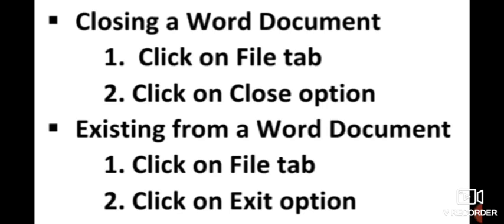And to exit from a Word document, exiting means completely closing the Word window, we have to click on File tab and then click on Exit option. We also use the shortcut key Alt plus F4 to exit our Word document. When we use this shortcut key, we exit from our Word document.